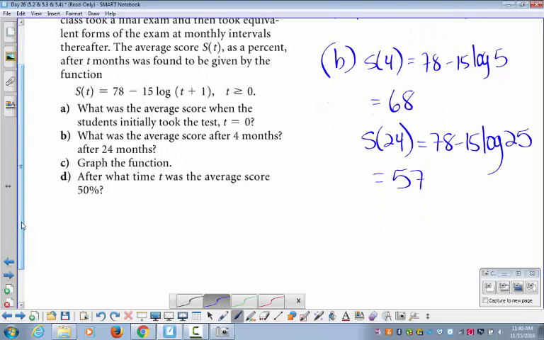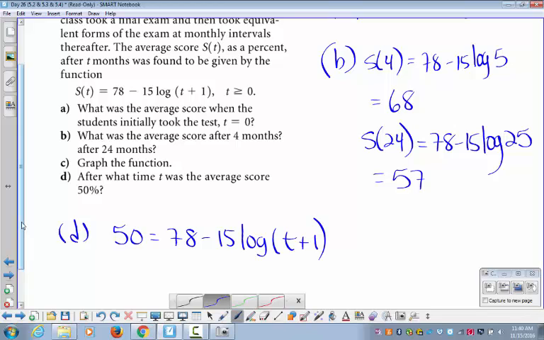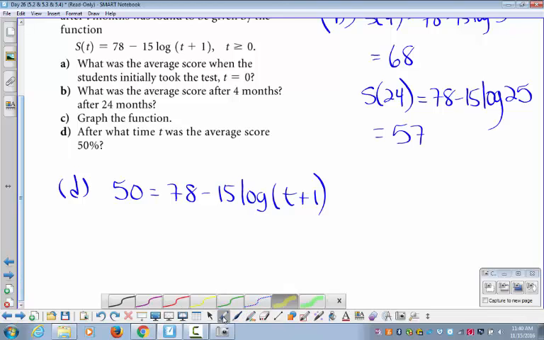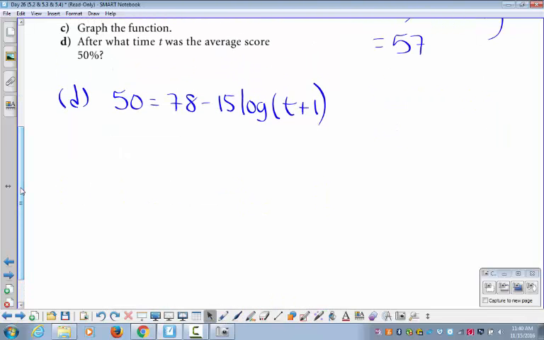So then the important question: after what time was the average score 50%? So here we're trying to solve this equation. We're saying we want the answer to be 50. Let's figure out when that occurs. How many months later? We've got to solve that equation for t. Solving a log equation, just like any equation with a variable, you've got to unravel it.